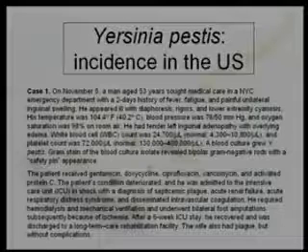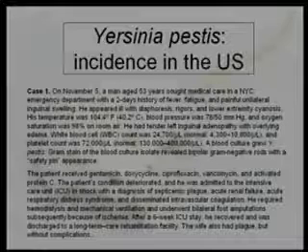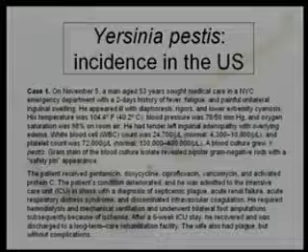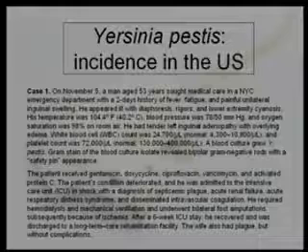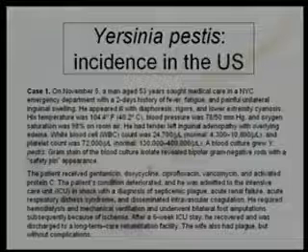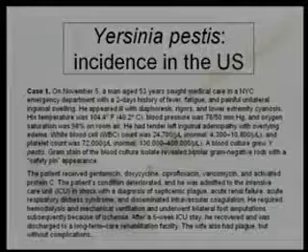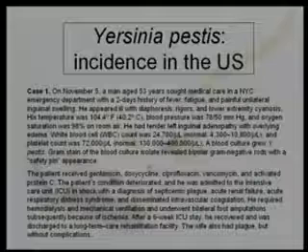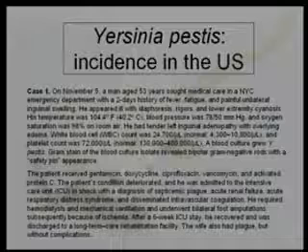A blood culture grew Yersinia pestis; gram stain of the culture isolate revealed bipolar gram-negative rods, sometimes referred to as having a safety pin-like appearance. So you will see some pictures later on. The patient received gentamicin, doxycycline, ciprofloxacin, vancomycin, and activated protein C for low thrombocytes.